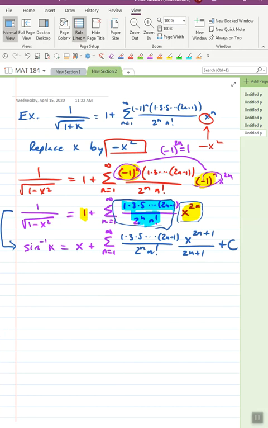Which is why the only thing that changed when I went from that line to the next is this part right here. Alright, now, question, what is the typical trick that we've seen many times for figuring out the c? What is the usual trick?